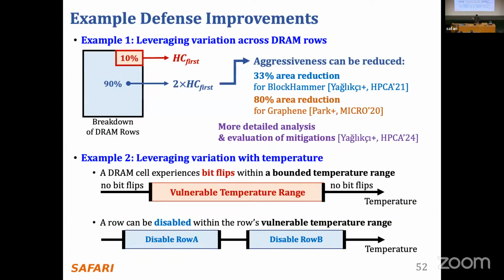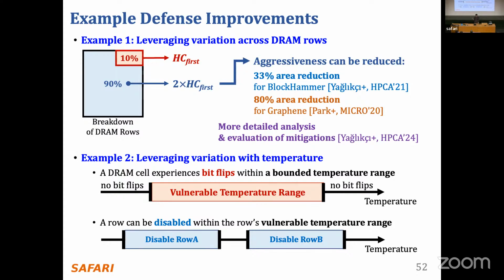Yeah. So with these different spatial variations in mind, it can have some implications to help design more effective mitigation mechanisms. Let's say from the characterization result, we can see that only 10% of the rows are very vulnerable to RowHammer, that they require a very low number of aggressor activations to induce the first bitflip.